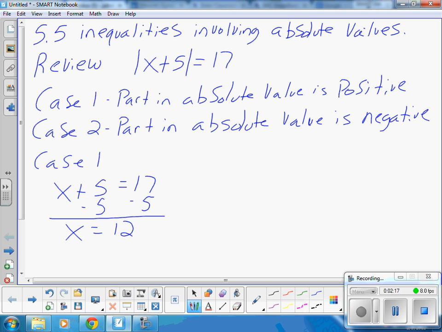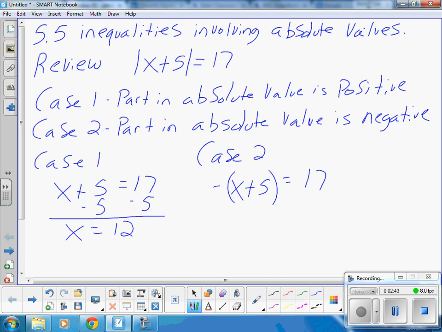Case 2 is when it's negative. So that means the x plus 5 part is negative, and that equals 17. Now, if you remember from back in that chapter, we just said, let's write x plus 5 equals a negative 17 as our second case. Well, this is why it is that second case.